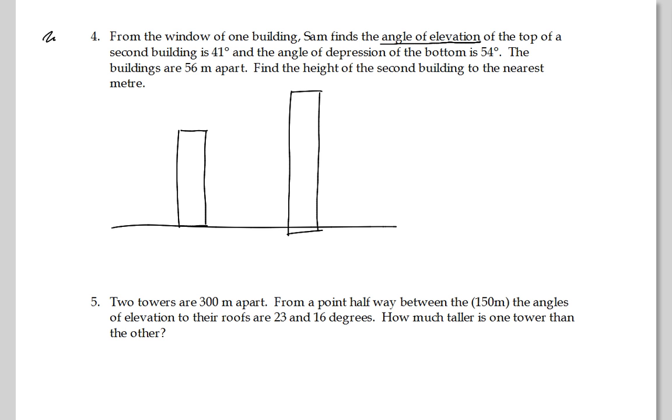Okay, so we have angle of elevations and angle of depression. Remember, when you sketch those, they have to come from a horizontal distance, a horizontal line. Elevation goes up, depression goes down. So one of those is 41, and the other one is 54.